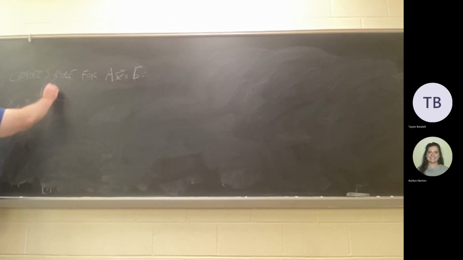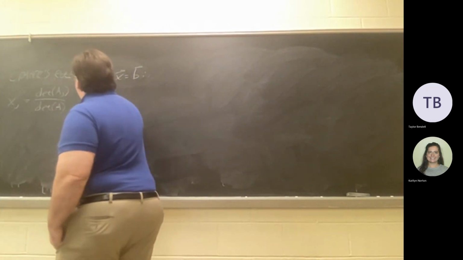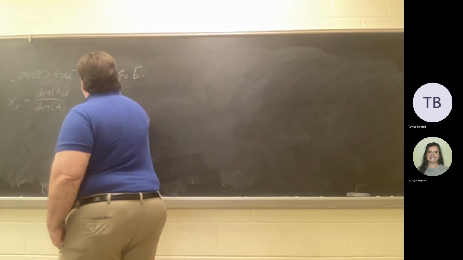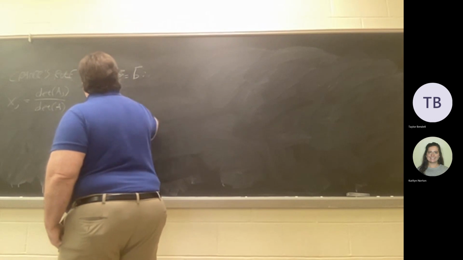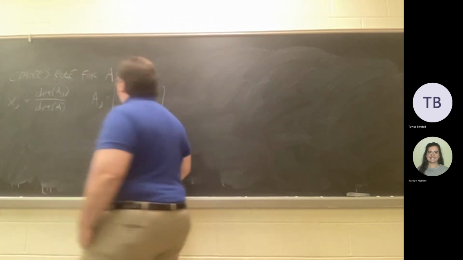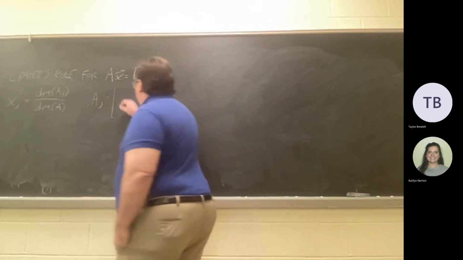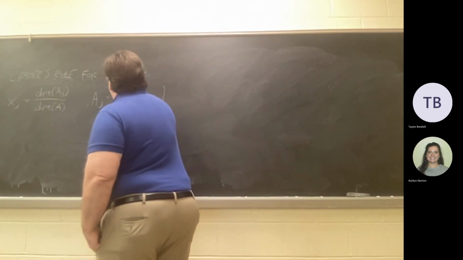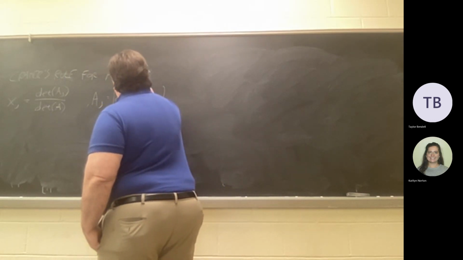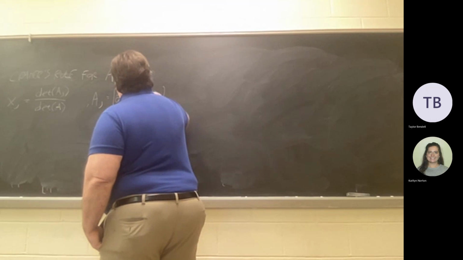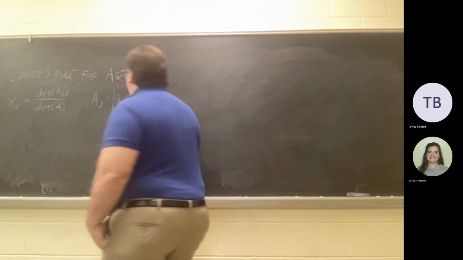The determinant of a matrix I'll call Aj divided by the determinant of A, where Aj is a matrix obtained by replacing the jth column of A with B.